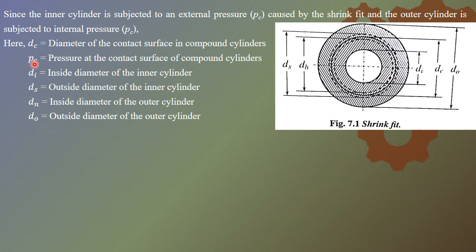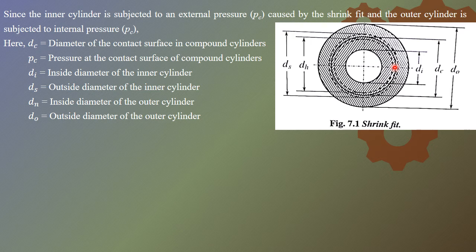And if you also observe, at this particular junction pressures are generated, right? But this pressure which is generated here will be external pressure with respect to the inner cylinder, right?